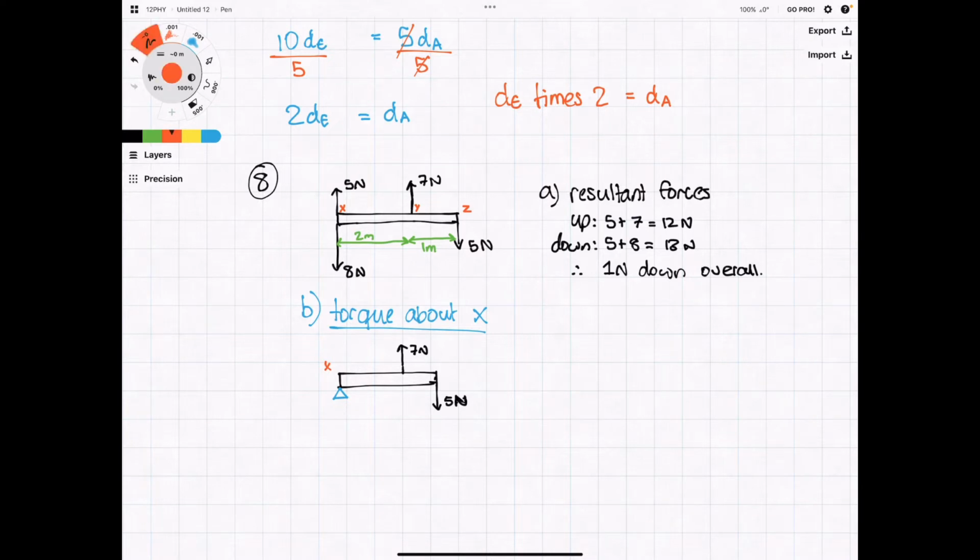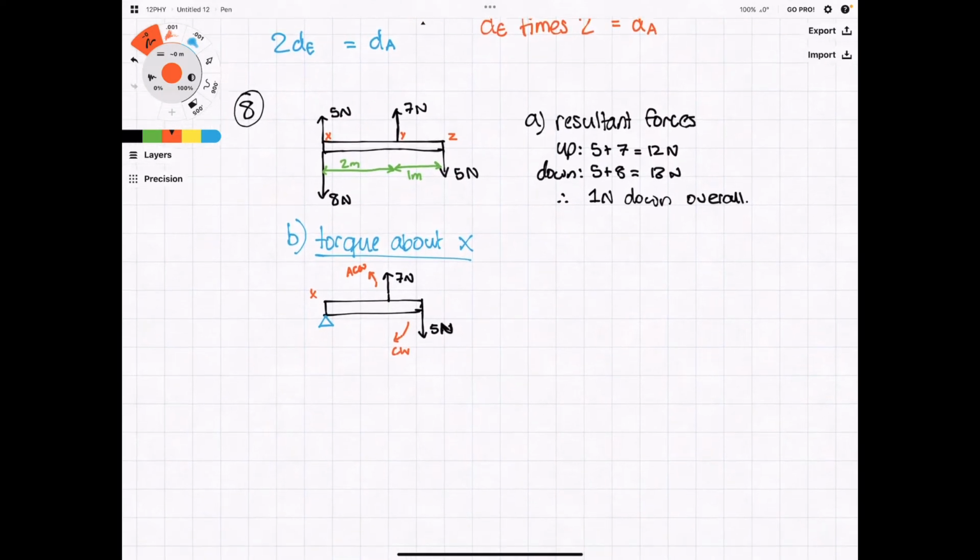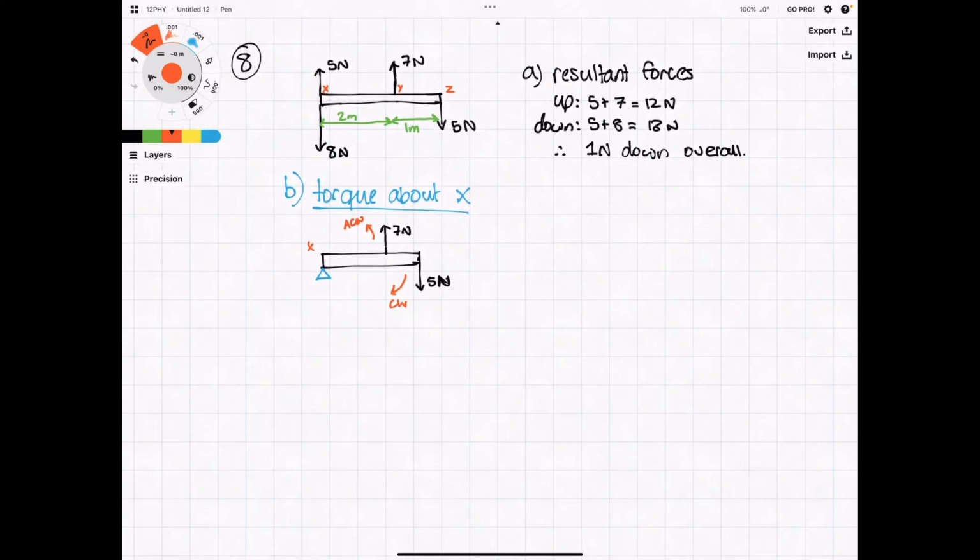Our 7 Newton force is going to take us up and around this way, okay, which is anti-clockwise. And our 5 Newton force is going to take us down and around this way, which is clockwise. Okay, so we're going to do the same thing as we did before, and we're going to say torque.